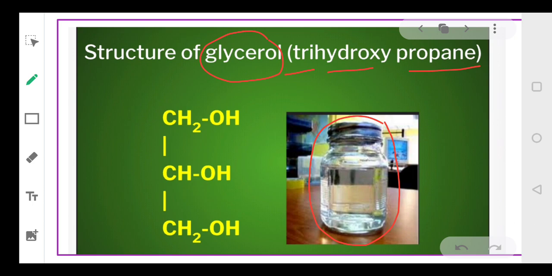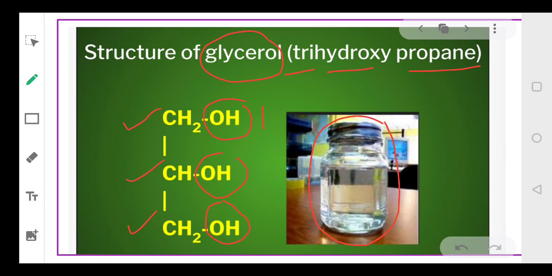Now let's study its structure. Just focus on the structure. It has 3 carbons. That is why we call it propane, and all have a single bond between them. So 3 carbon atoms are present and all have single bonds. That is why we call it propane. And see, this group is called hydroxyl group. OH group is called hydroxyl group. So there are 3 hydroxyl groups, isn't it?